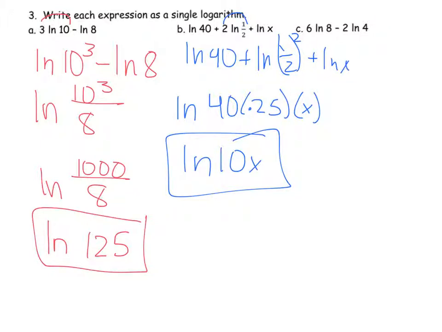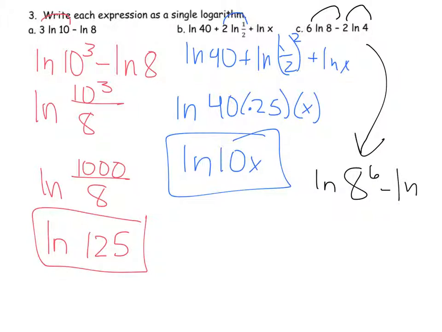And then with our last example, we'll go ahead and move our 6 using the power rule. We'll move our 2 using the power rule so that we have natural log of 8 to the 6th power minus natural log of 4 squared. And then remember with subtraction, we can write this as division. So we have natural log of 8 to the power of 6 over 4 squared.